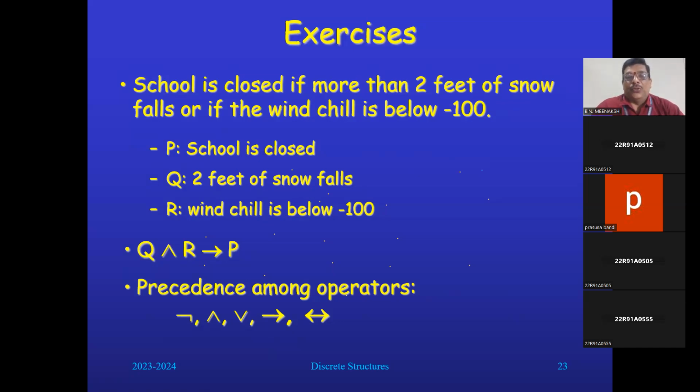The school is closed, that is one proposition. The second proposition that you are going to take is 2 feet of snowfall, and the third proposition is the wind chill is below 100. So we are taking three propositions here.